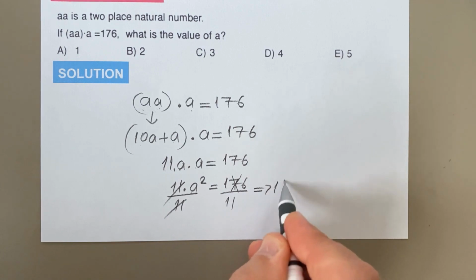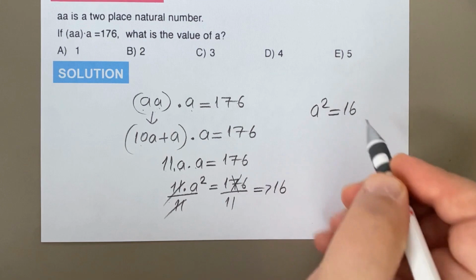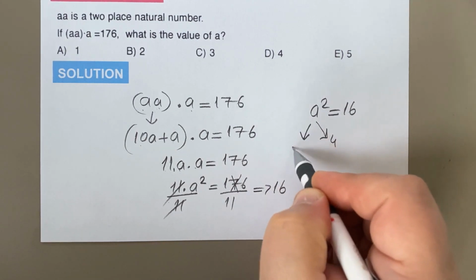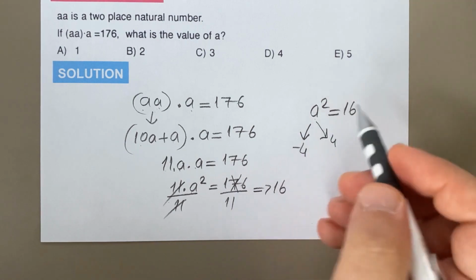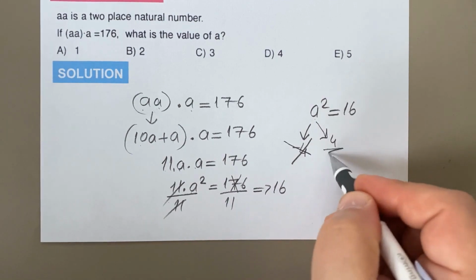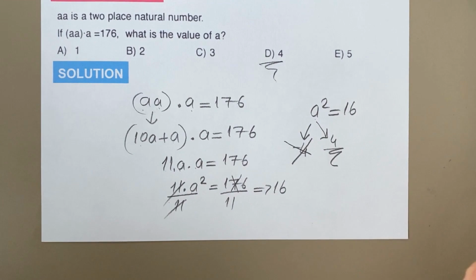The answer will be 16. So what is A squared equal to? 16. Now A can be 4. Of course, it can be negative 4, but we know that A is a digit and cannot be negative. So our answer is 4. We say the correct option is option D.